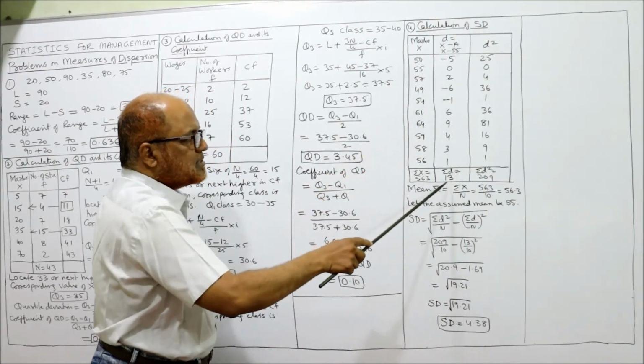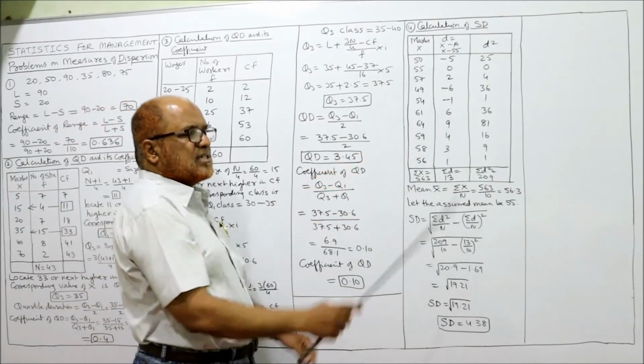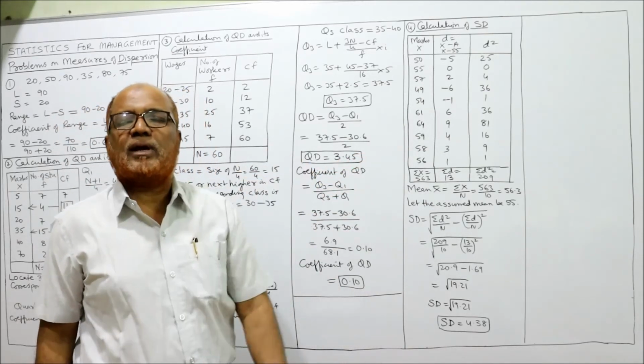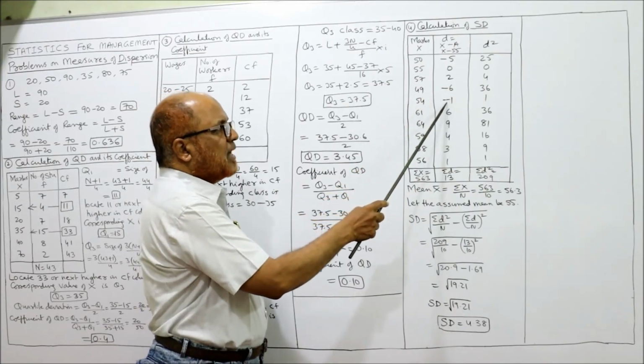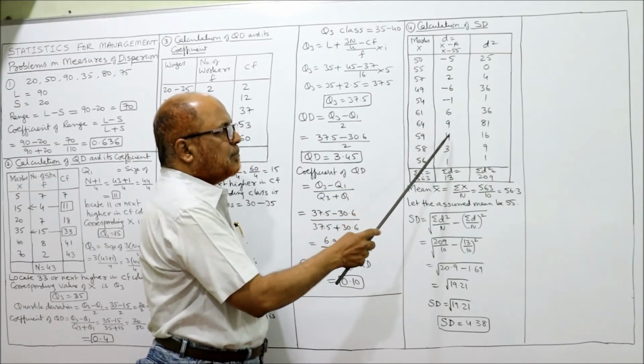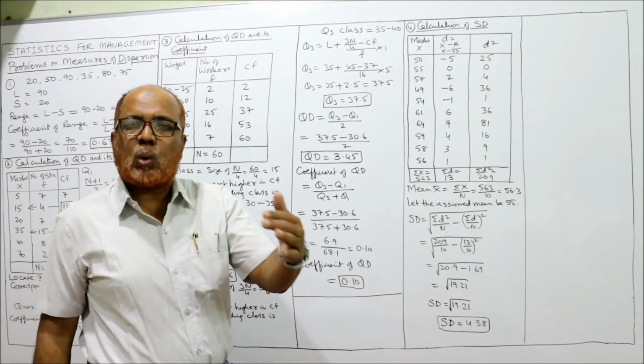Take the total of this, you will get 13. How to take the total? Press minus 5 on your calculator, plus 2, minus 6, minus 1, plus 6, plus 9, plus 4, plus 3, plus 1. You will get 13. Now D square.